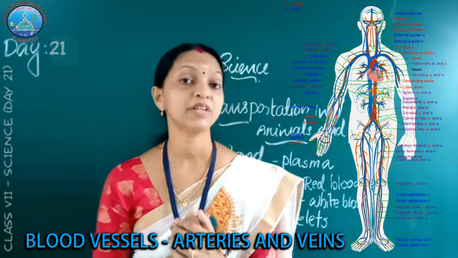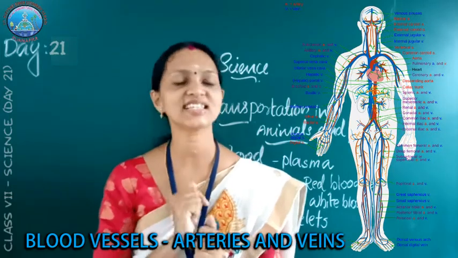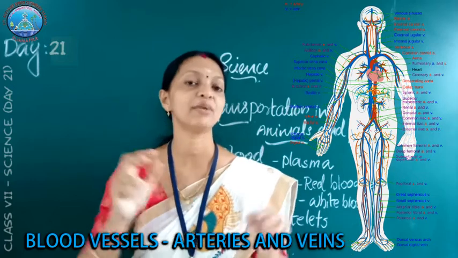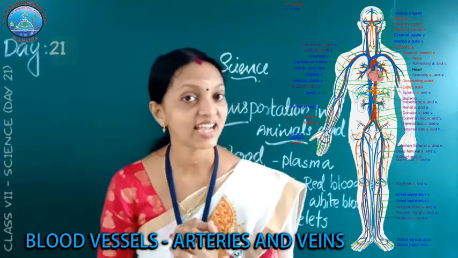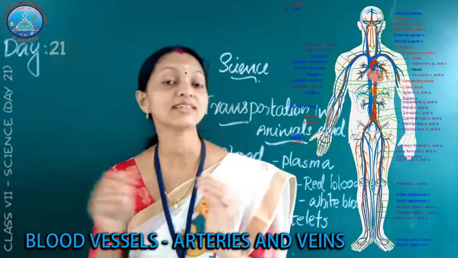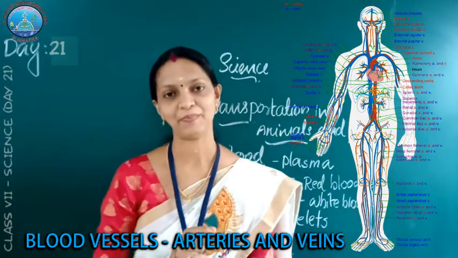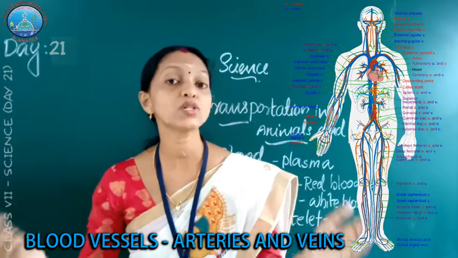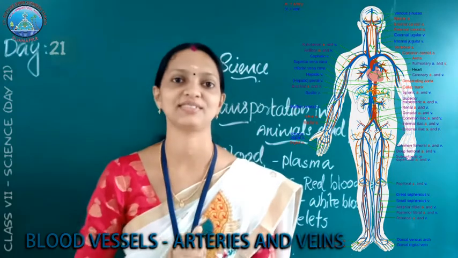The blood can flow through two vessels, arteries and veins. Arteries carry oxygen-rich blood from the heart to all parts of the body, and the veins carry deoxygenated blood from all parts of the body to the heart.